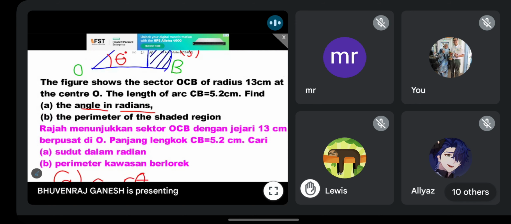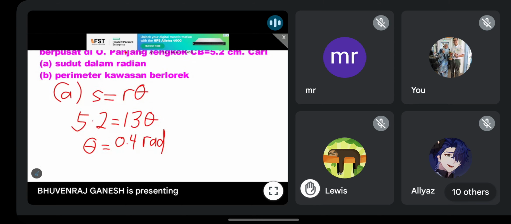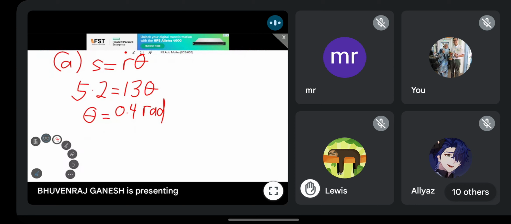If they ask you suddenly, kalau soalan dia tukar, mereka tanya degree dalam unit darjah. So, jawapan yang kamu dapat ni, kamu kena tukar. You have to change this answer by just times 180 bahagi pi untuk tukar dari radian ke darjah. Tapi soalan ni tak perlulah sebab mereka tanya dalam radian. So that's why you stop here. Kamu henti kat sini saja.